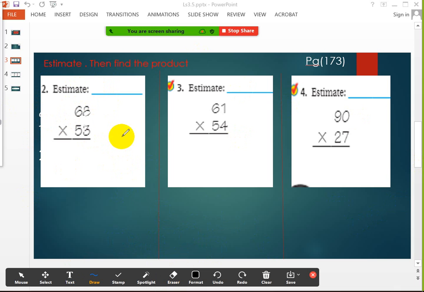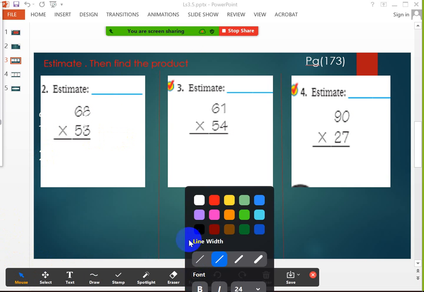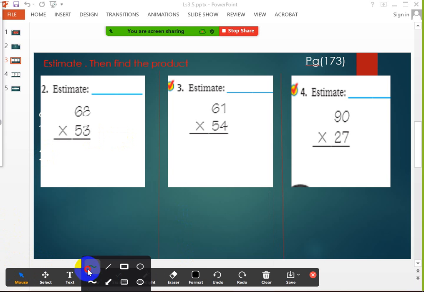Now I want to multiply 68 with 53. If I want to estimate the answer, round 68 to the nearest 10. So it will be 70, because before the tens, as we said, I have 8, greater than 5.